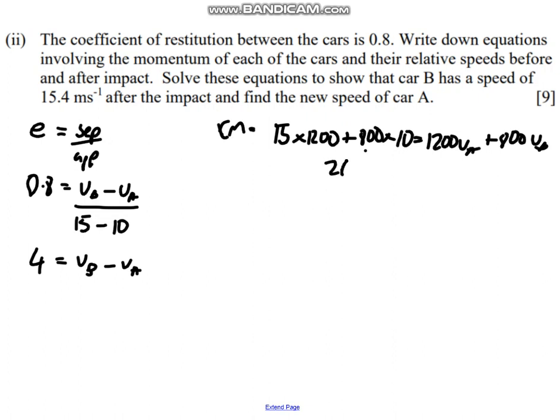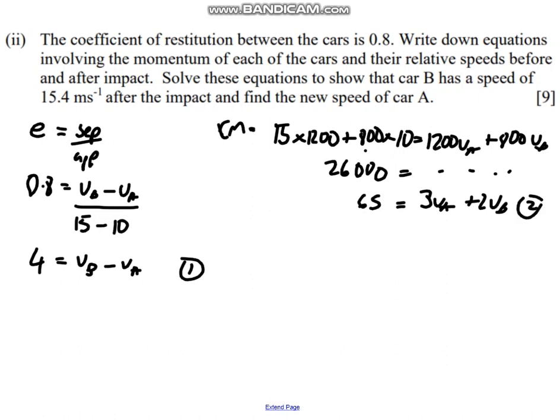So that is 26,000, and that is still that. We can divide through by 400 because that's the highest common factor, giving us 65 equals 3 VA plus 2 VB. I'm going to call that equation 1, and the other equation 2.